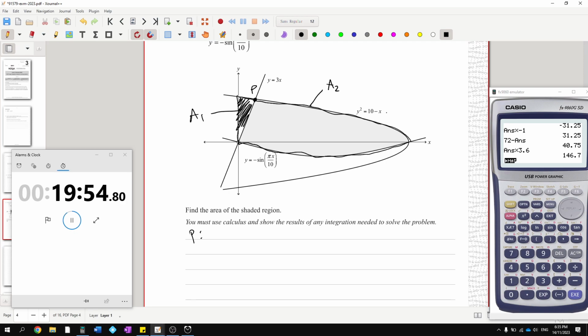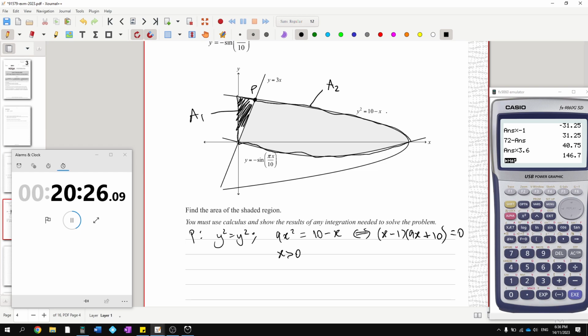So it would be 9x squared equals 10 minus x, and that would be equivalent to 9x squared plus x minus 10 equals 0.